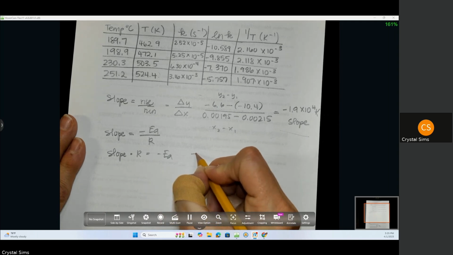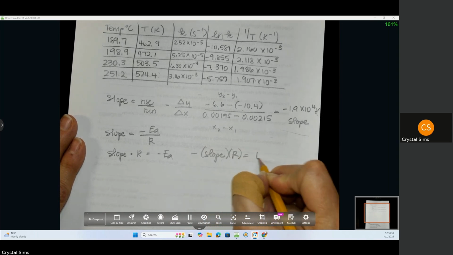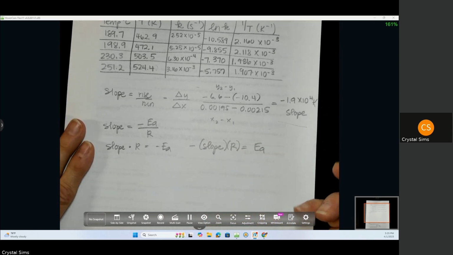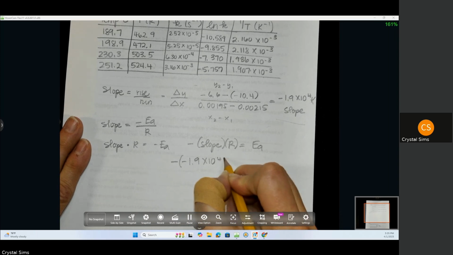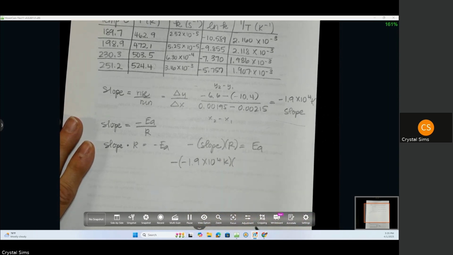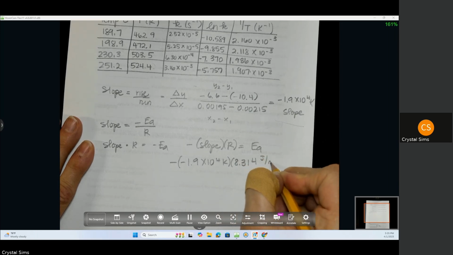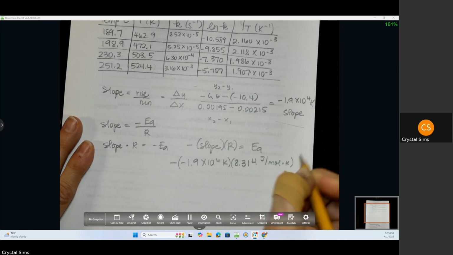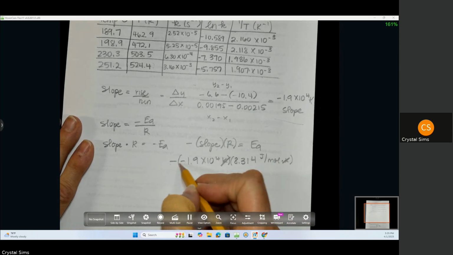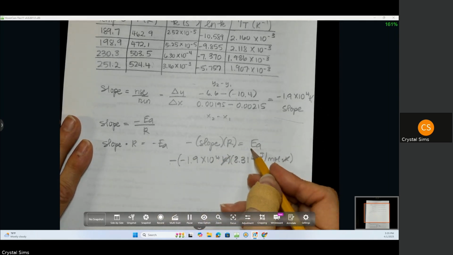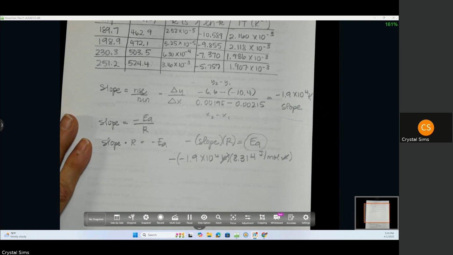So negative slope times R, our gas constant, is going to give us our activation energy. So we're just going to plug in. We got our slope. Okay. And our gas constant. Okay. So our units of Kelvin are going to cancel out. Our negative times a negative, we're going to end up with a positive. You should always end up with a positive number for your activation energy.